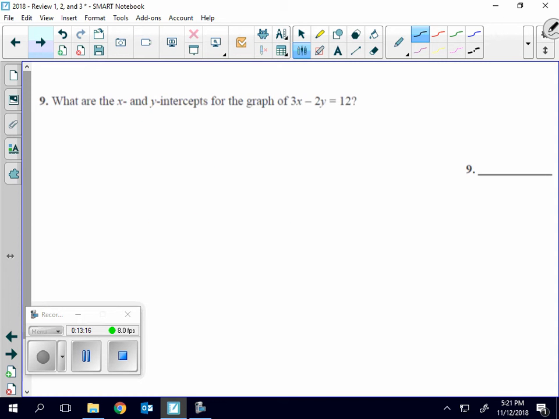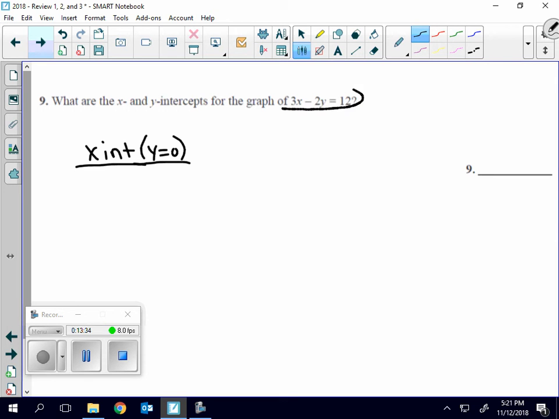What are the x and y intercepts for the graph of 3x minus 2y equals 12? Remember, we have an x-intercept when y equals 0. All right, so we're going to plug in 0 for y.